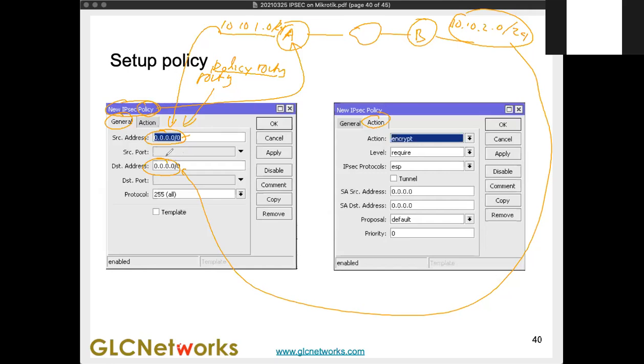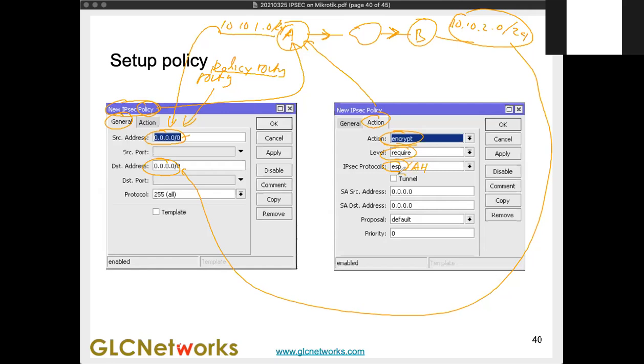And then when you set up the policy, you choose the action: you encrypt. Again, this is router A. Router A is the one that is doing the encryption because we want to send data from A to B, right? From here to here. See the arrow direction, right? So you do encrypt and then level is required. See, IPsec protocols. Either you can use ESP or AH.